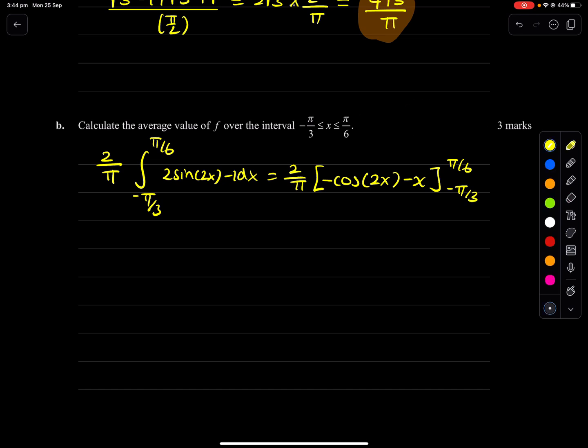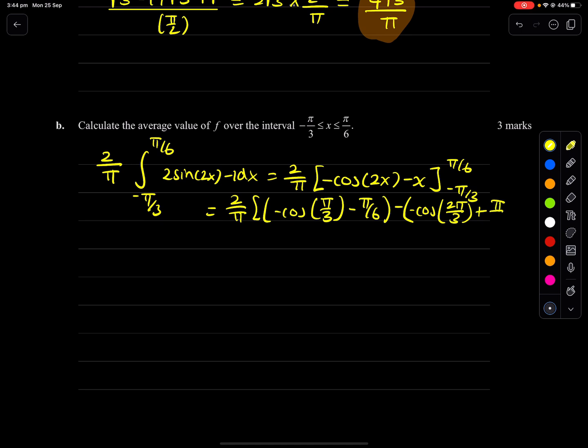We're nearly done, so that'll be equal to 2 over pi. Okay, so it'll be negative cos pi on 3 minus pi on 6, minus negative cos, that negative disappears, so it'll be just 2 pi on 3, minus, so plus pi on 3.